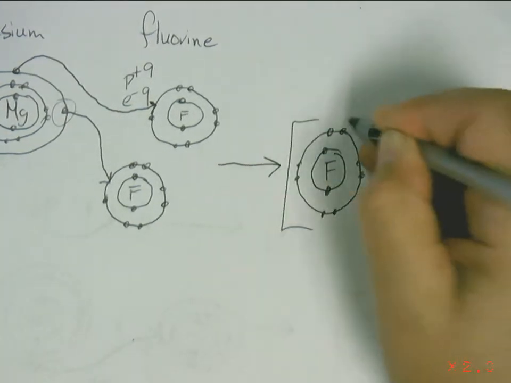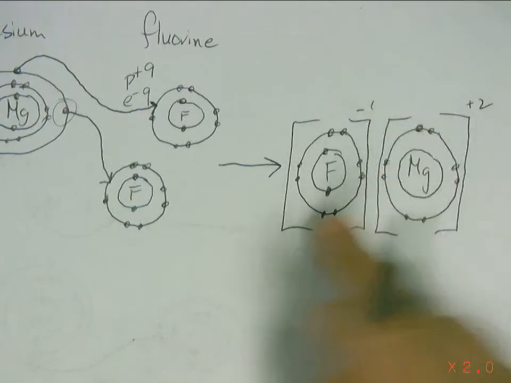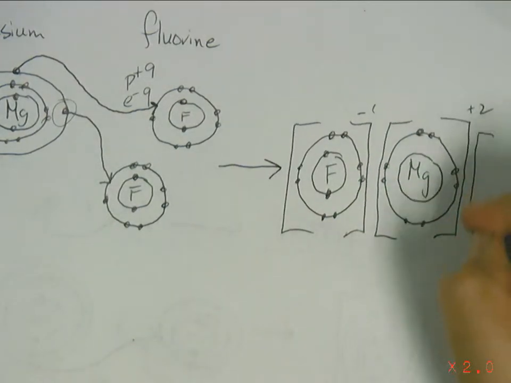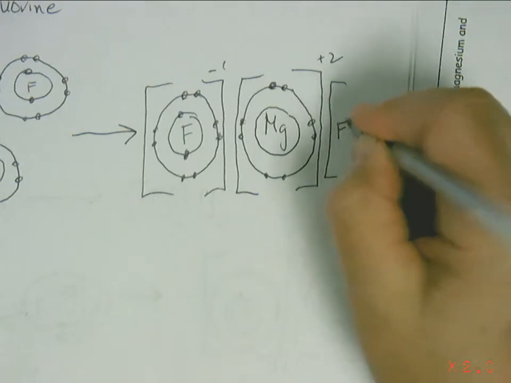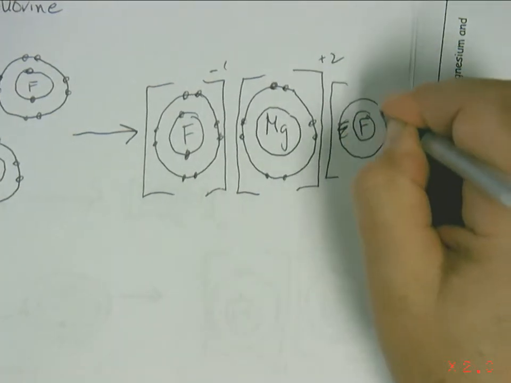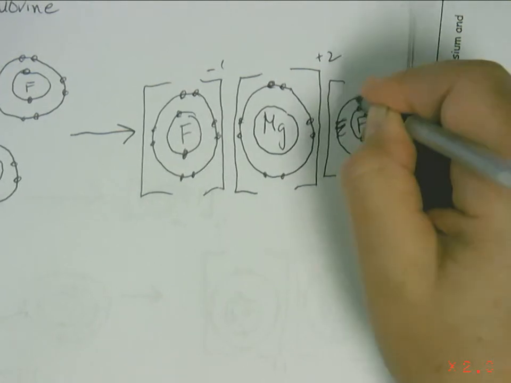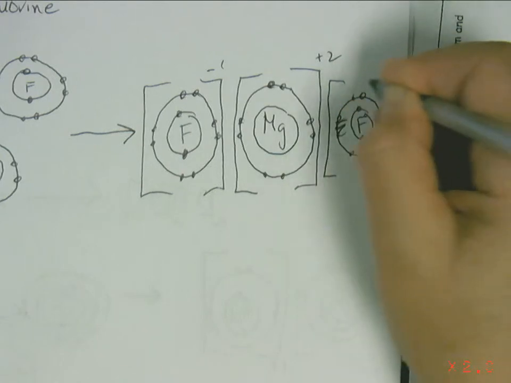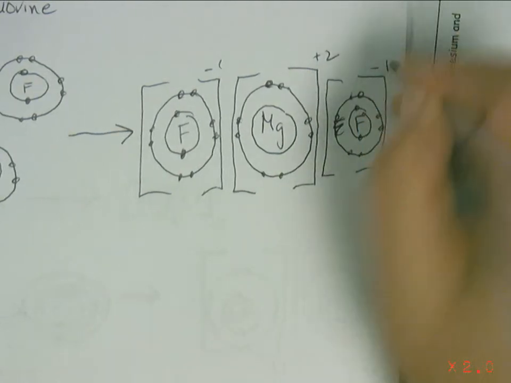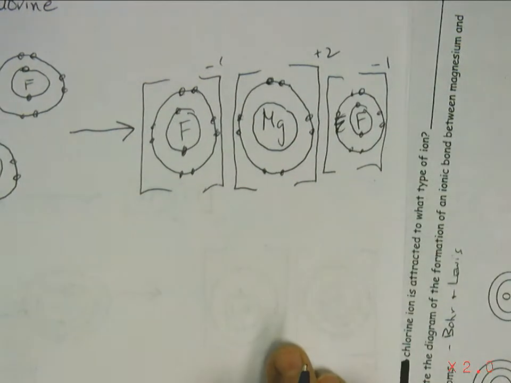And it has a -1 charge. So these are the conventions, the brackets. And I can draw another fluorine ion over here, and there I have magnesium fluoride.